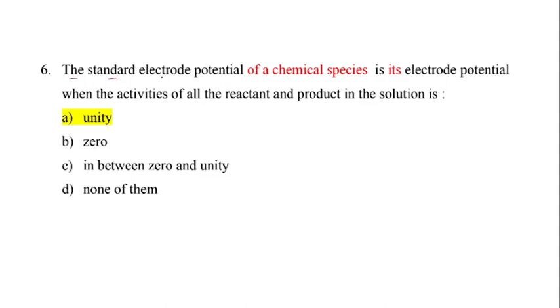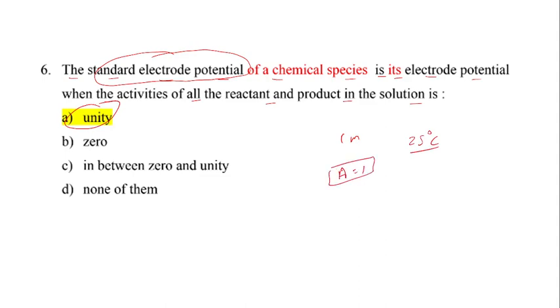The standard electrode potential of a chemical species is its electrode potential when the activity of all reactants and products in the solution is unity. Why unity? Because we are discussing standard electrode potential. To measure standard electrode potential, we take 1 M concentration, 25 degrees centigrade temperature, and activity should also be 1, at 1 atmospheric pressure.